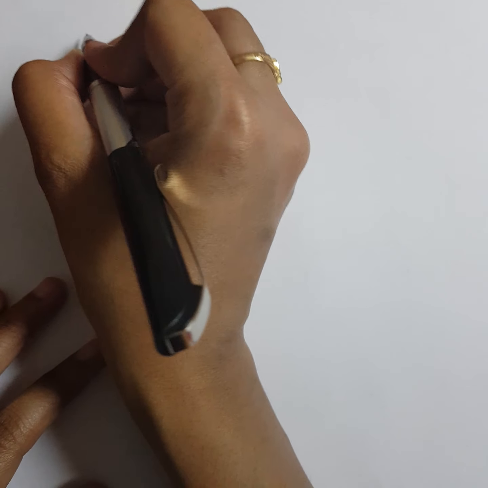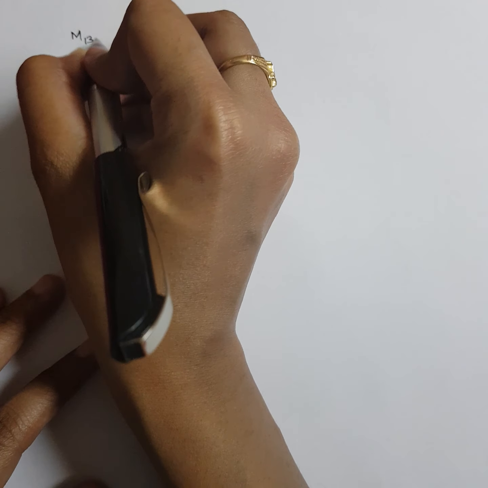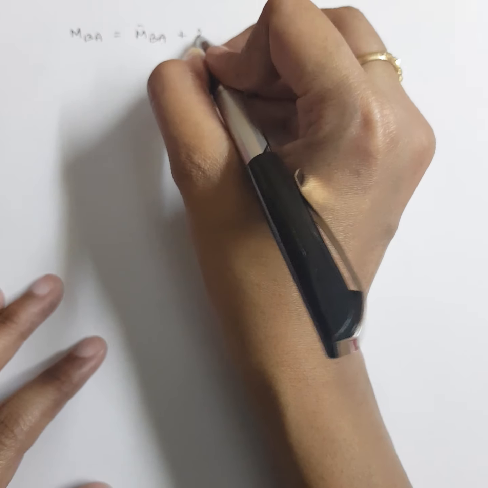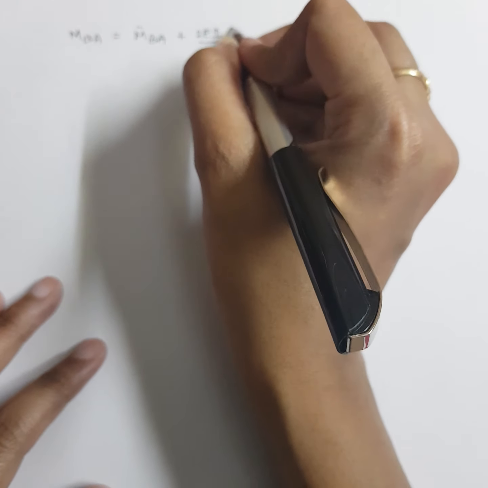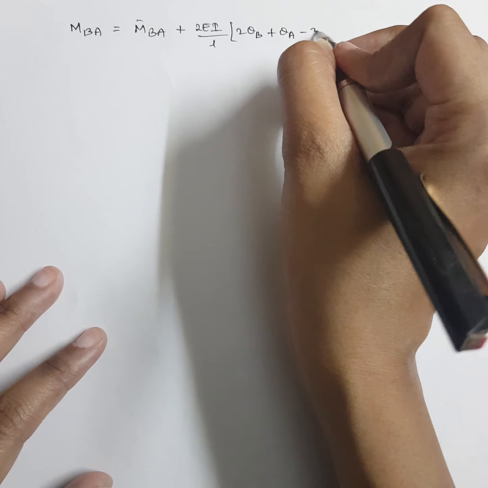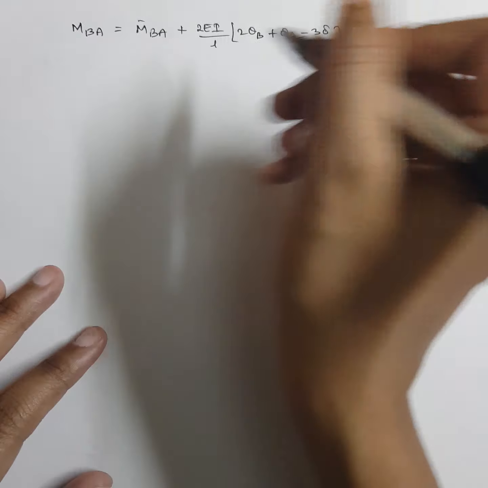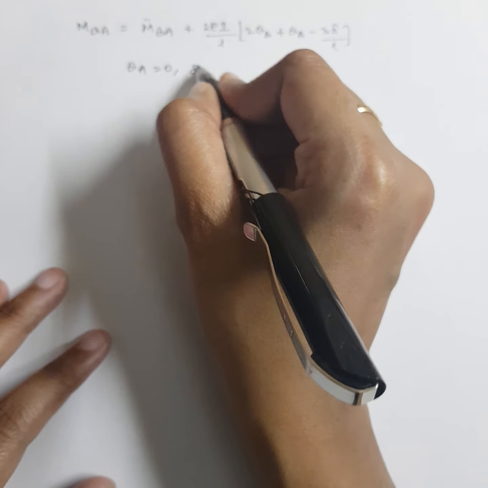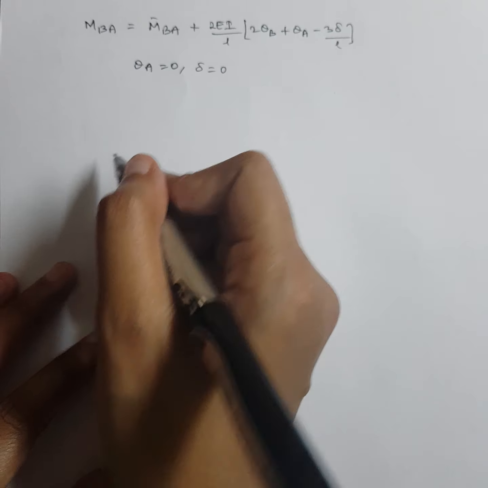Similarly, I'll write for MBA. What is MBA equal to? M bar BA plus 2 EI by L into 2 theta B plus theta A minus 3 delta by L. Again theta A is 0 because end A is fixed, and delta is 0 because it's a non-portal frame.